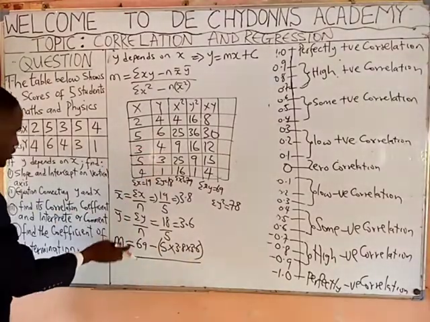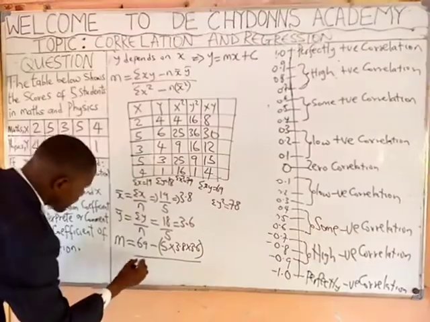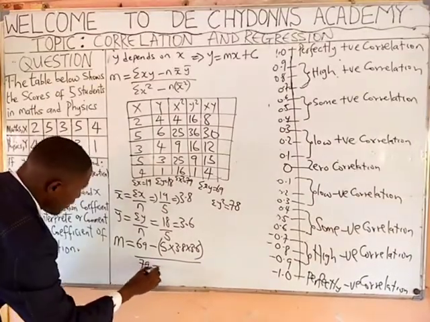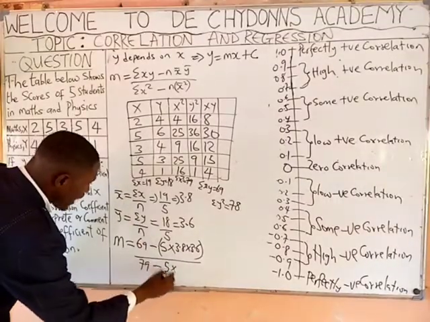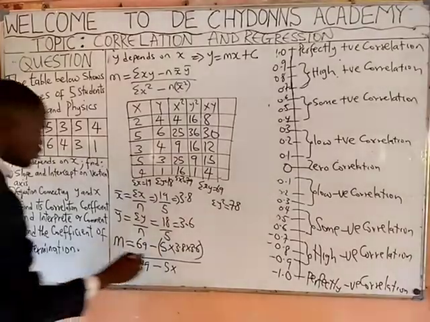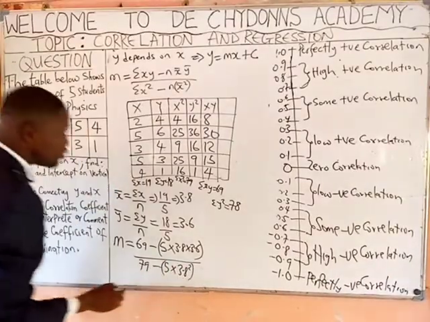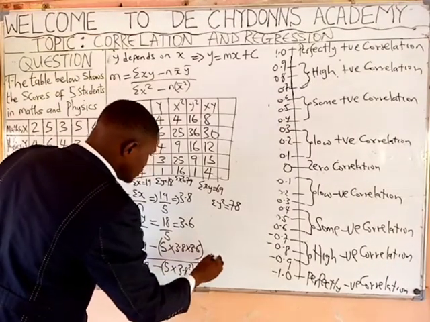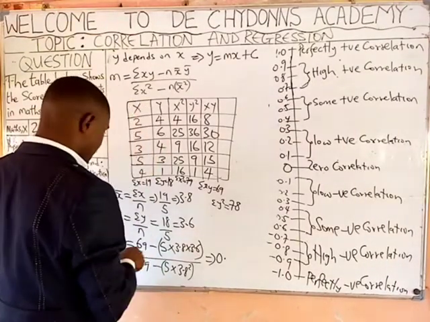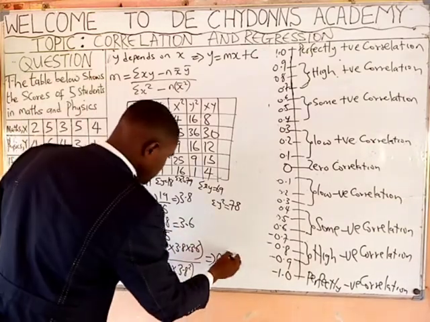Then we put what we have into this. Summation of x squared is 79 minus n, which is 5, times mean of x squared, 3.8 squared. So when you finish computing this, you will be getting 0.088.